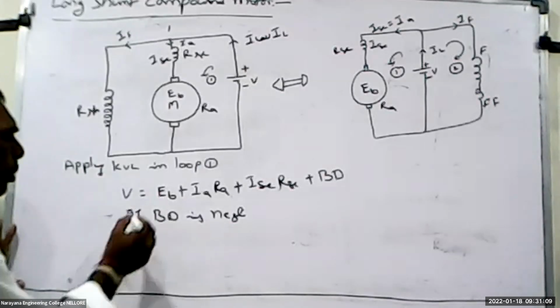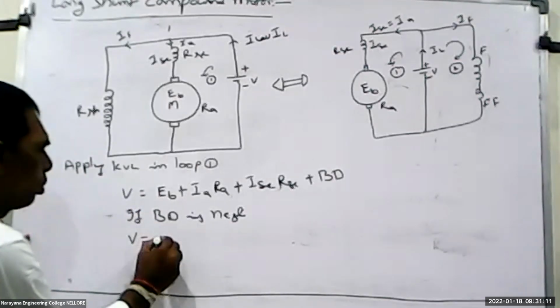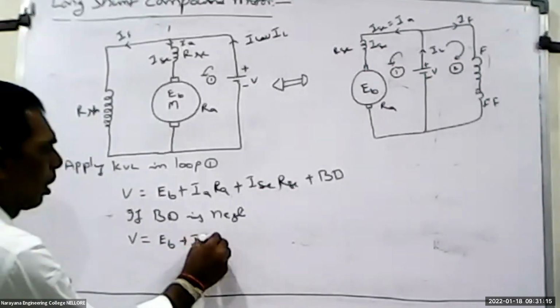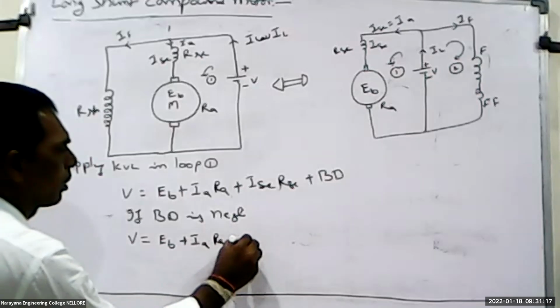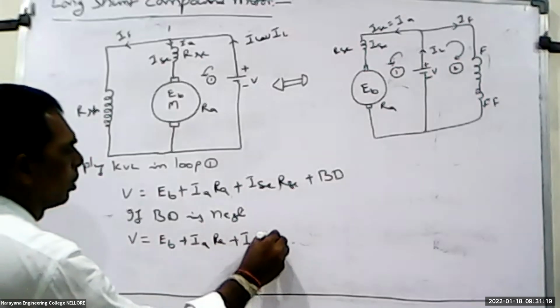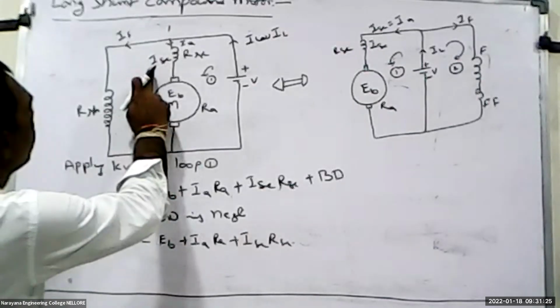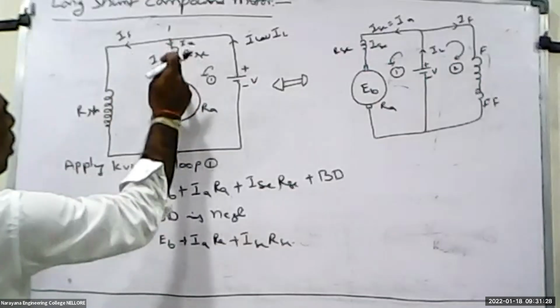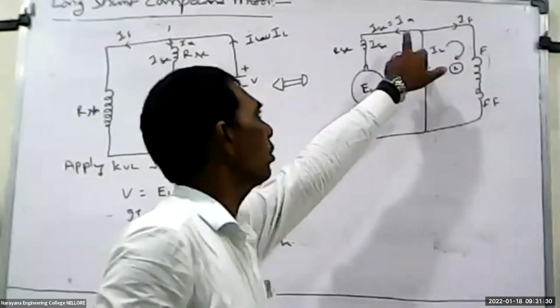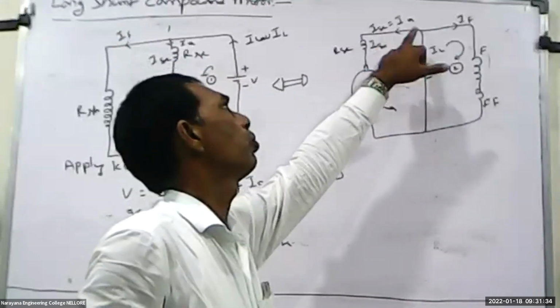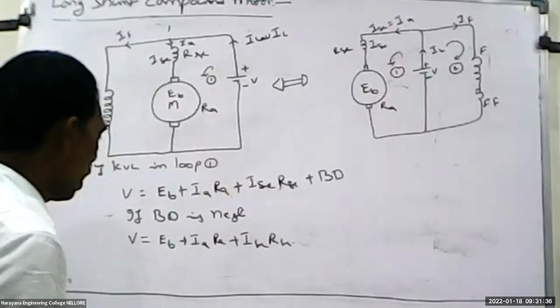Then what is the value? V is equal to EB plus IA RA plus ISC into RSC. Here we observe IA is equal to ISC, because the current passing through the series field winding as well as the armature is the same.